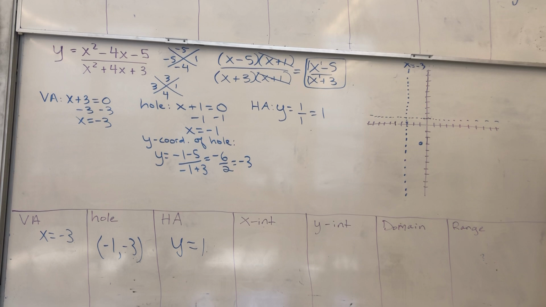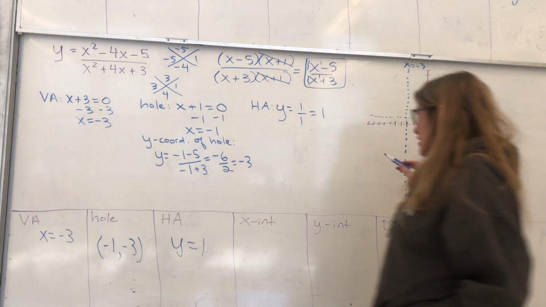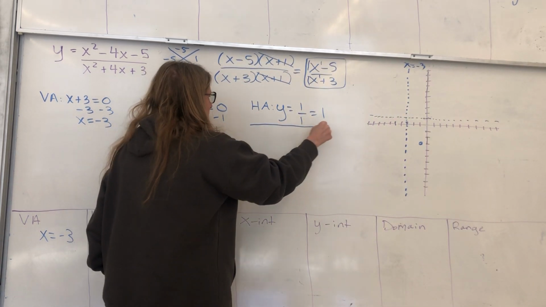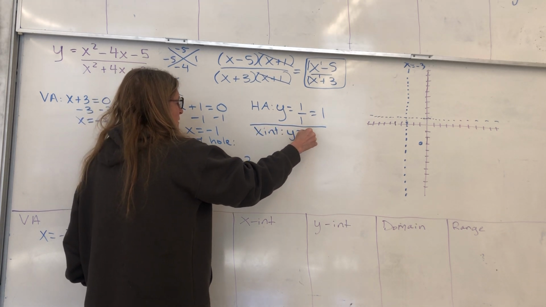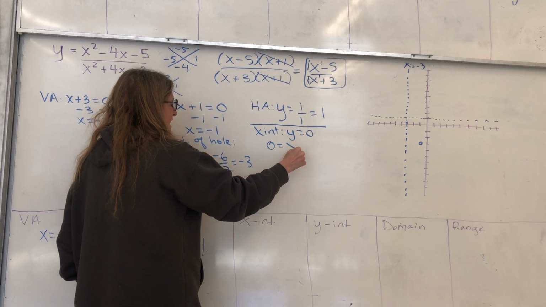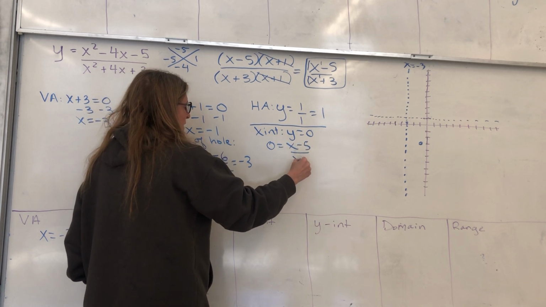Okay guys, x-intercept. An x-intercept is where y equals 0. So I'm going to have 0 equals x minus 5 over x plus 3.